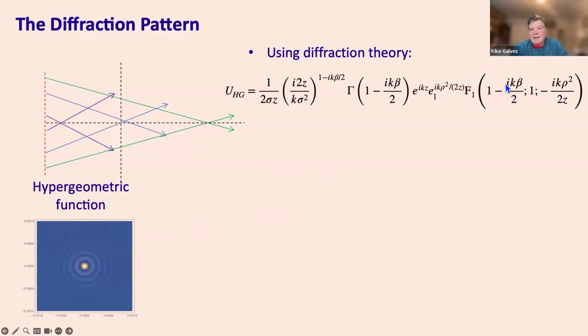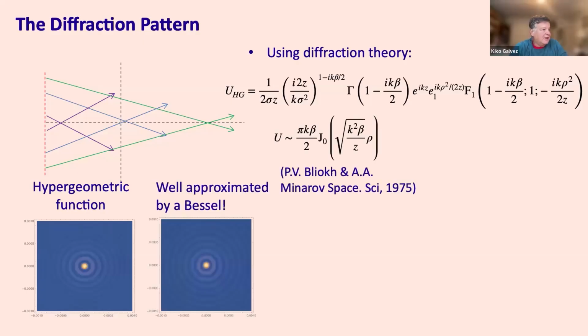It turns out that we almost reinvented the wheel, because we figured out the programming of the SLM. It took a little bit to figure that out and get to this expression, only to find out that this work had been done previously. In particular, this function can be approximated by a Bessel function.